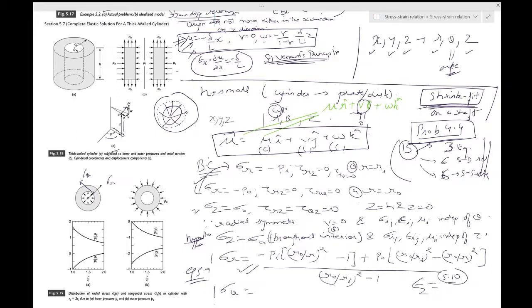Anyways, these results, equations 5.9 and 5.10, will be important, and you will be using them a lot in lots of problems. They are very important for any engineer. So let's now see how we can interpret this result.